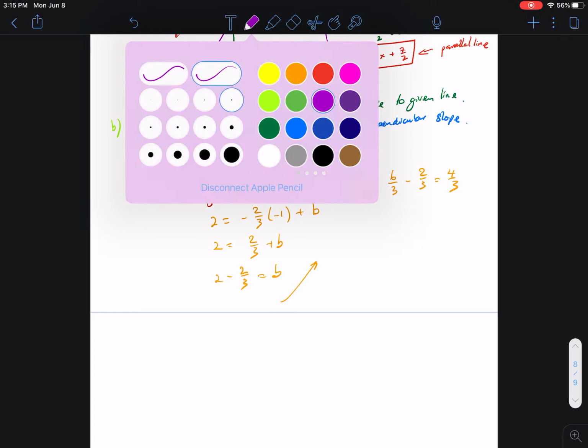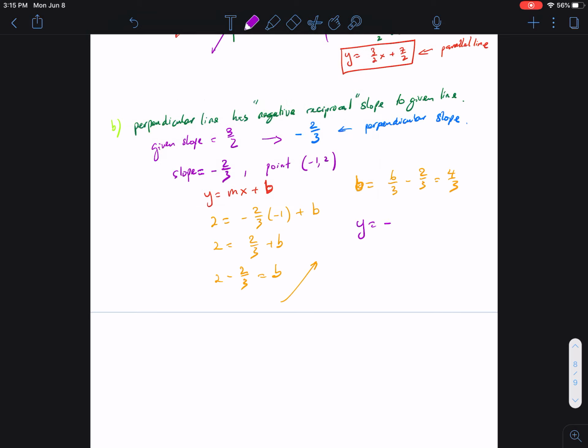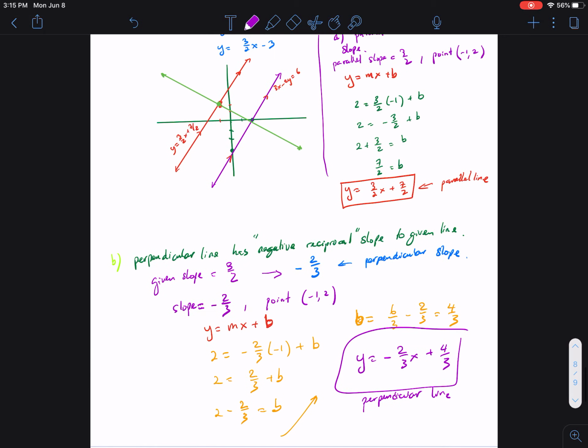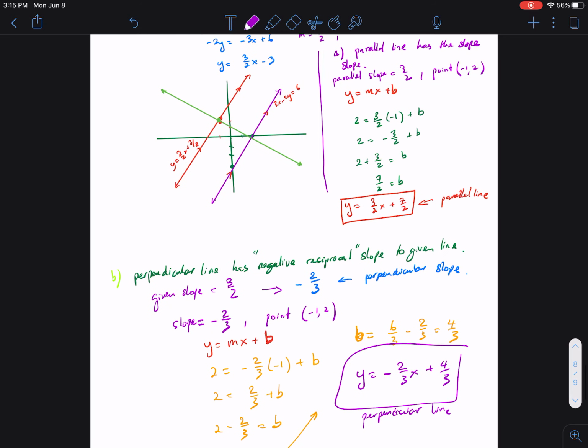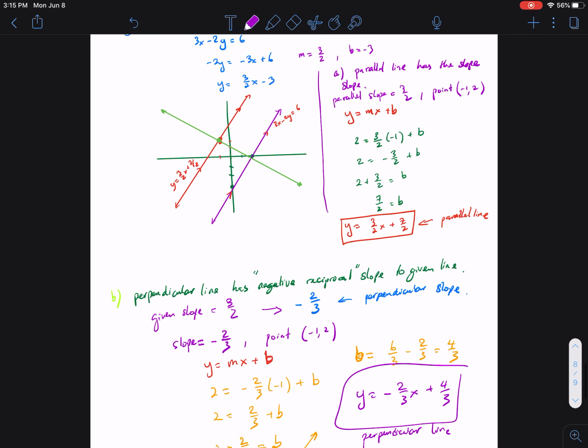So now our equation is y equals -2/3 x plus 4/3. So that's the perpendicular line. The one in green, sorry, is y equals -2/3 x plus 4/3.